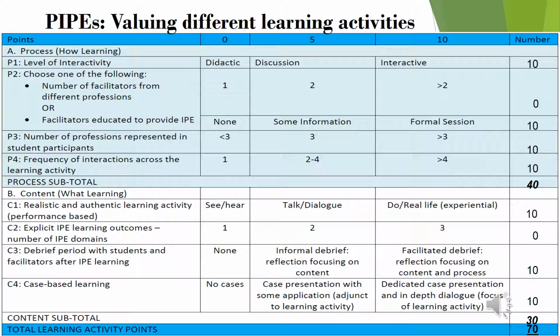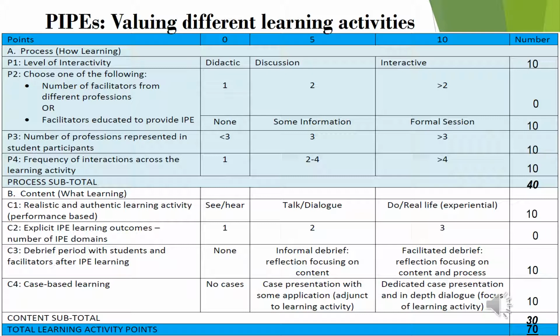If we look at P4, frequency of interaction across learning, 10 points were given, so it must have been greater than 4. If you look back at the prior slide, in the third to the last row, it was offered in the fall session, 2 hours weekly for 8 weeks, and in the spring 2 hours.